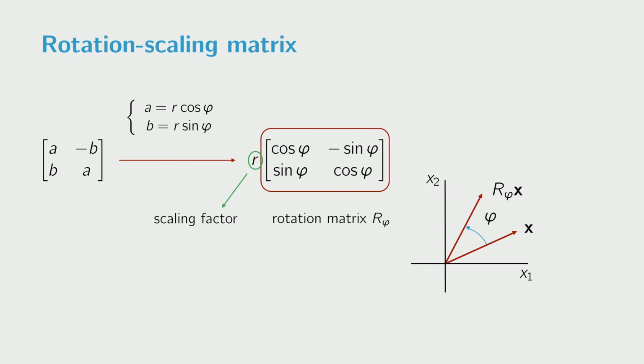Secondly, we have the scalar r in front of the rotation matrix. The product of the scalar r and the rotation matrix R phi represents the composition of a rotation and a scaling. This is why we call such a matrix a rotation scaling matrix.